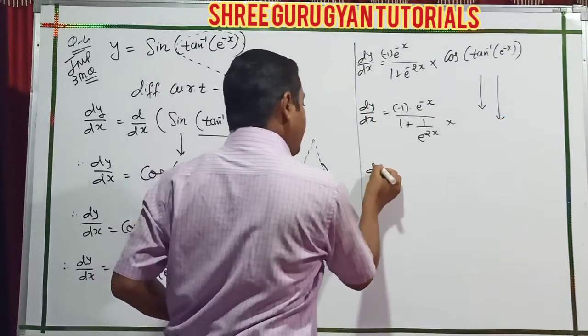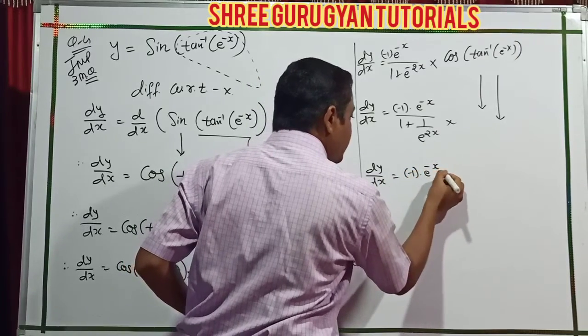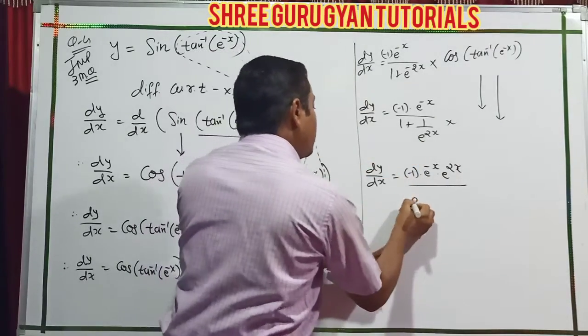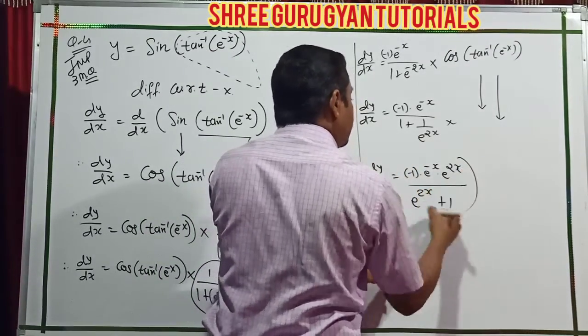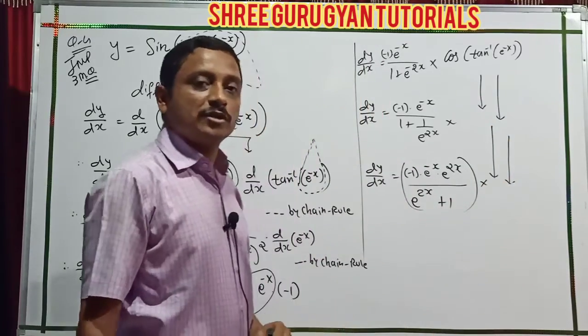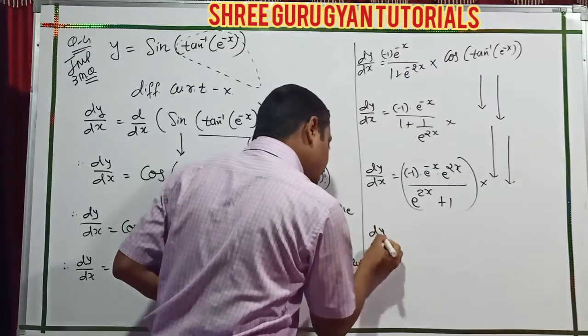So dy by dx, taking the LCM of e raised to minus x with e raised to 2x. This LCM you check on the upper side, and here e raised to 2x plus 1. Finally, base same, then power addition. What do you get?